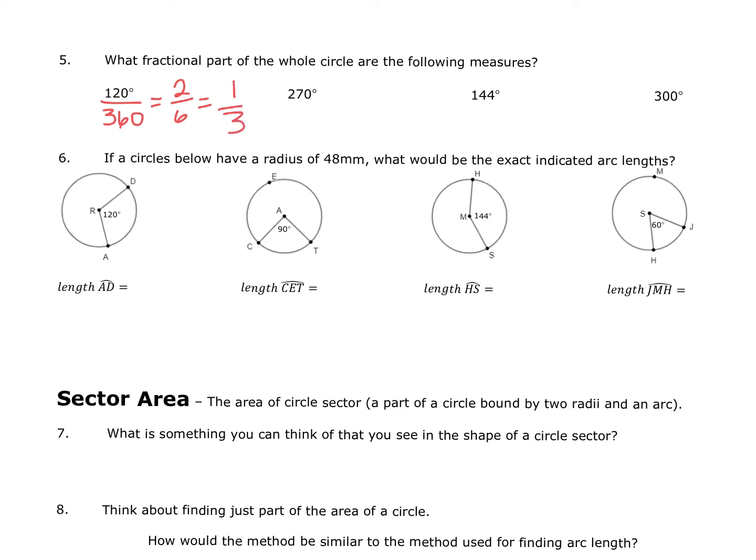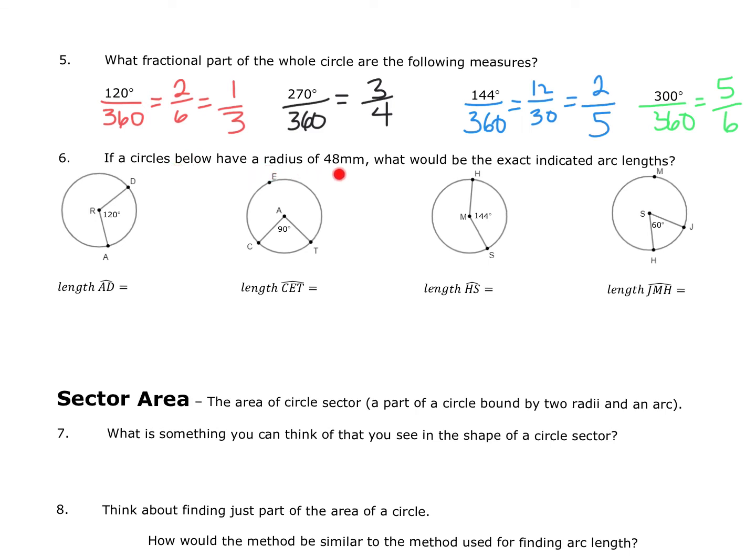So 120 is 1/3 of the circle. 270 out of 360 reduces to 3/4. 144 out of 360 will reduce: 12/30 equals 2/5. And 300 out of 360 is 5/6.